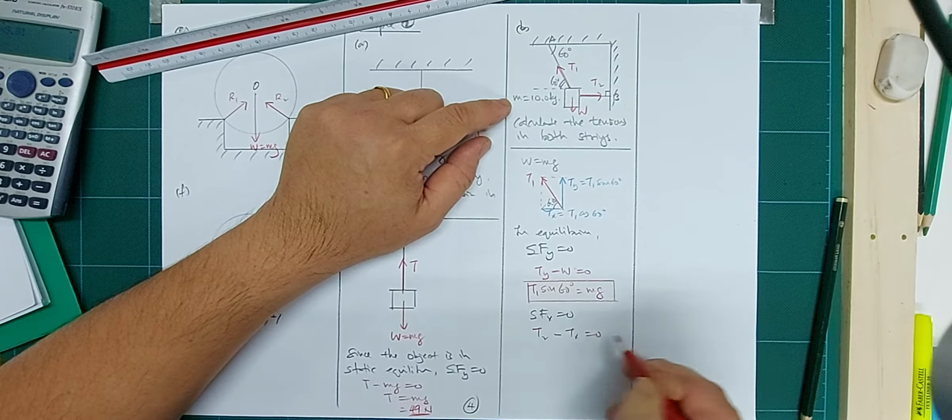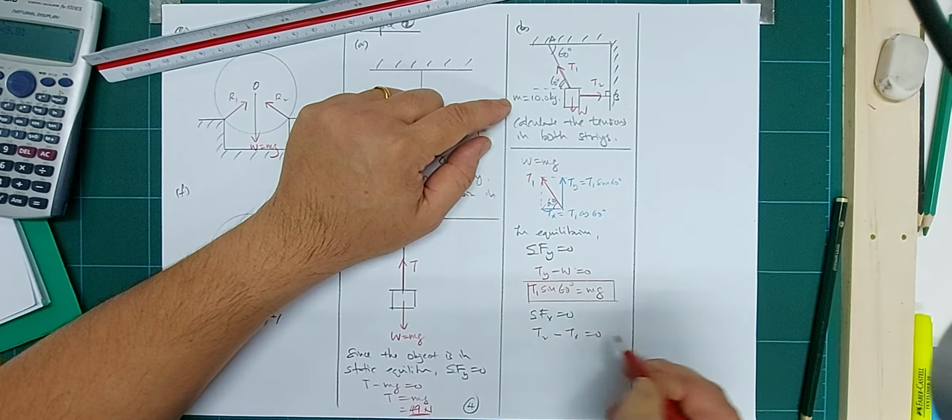So R cross F, but our F is RB. And then minus this one, negative torque here. This one is going to cause negative torque, so it's RW cross W equal to 0. So put in the equation.